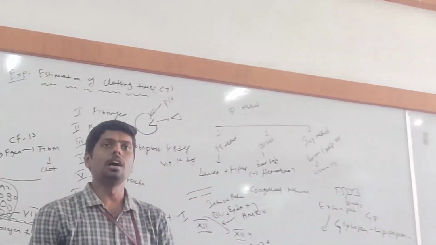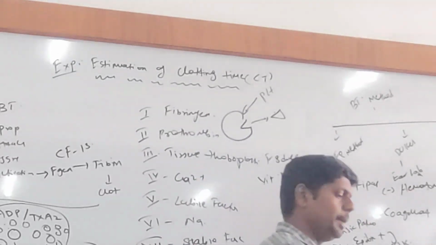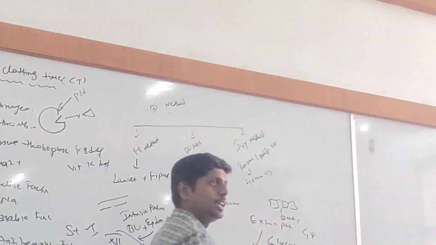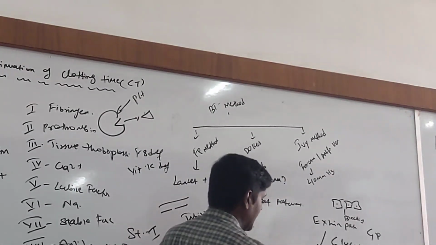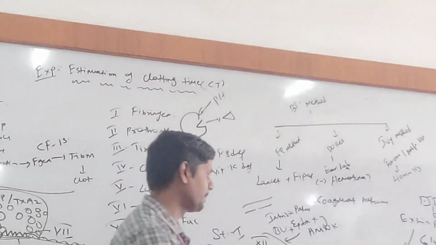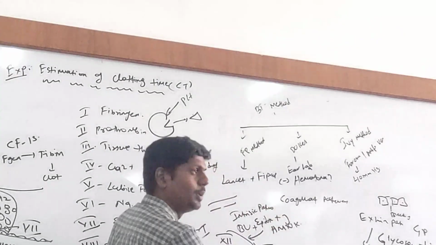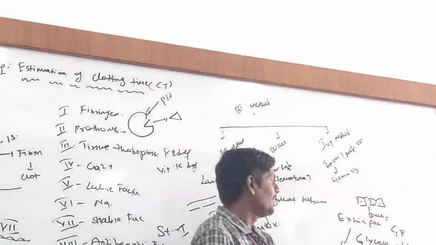This lipoprotein will be released. Immediately, in the presence of factor 7, it will convert 10 to 10A directly. See, it's a shortcut pathway. In intrinsic we have multiple clotting factors to convert 10 to 10A, whereas in extrinsic it's a direct step.